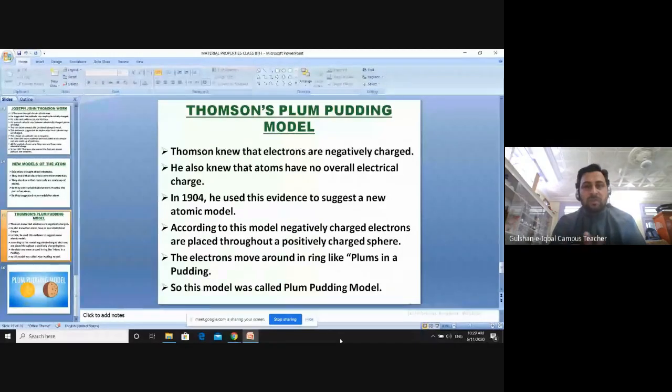So J.J. Thomson knew that electrons are negatively charged. Definitely, he discovered that. He also knew that atoms have no overall electrical charge. That we already discussed, that the atom has no charge.